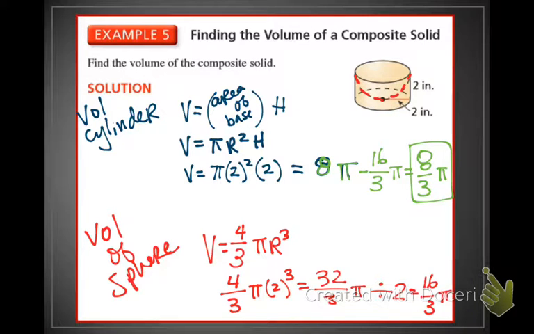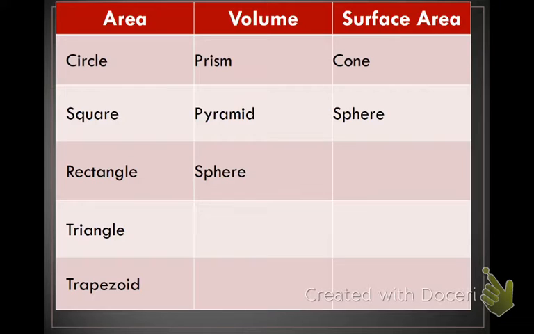Questions, comments, concerns? Okay, take out one sheet of paper. One sheet. Again, I want you to do 3 different columns: area, volume, and surface area.